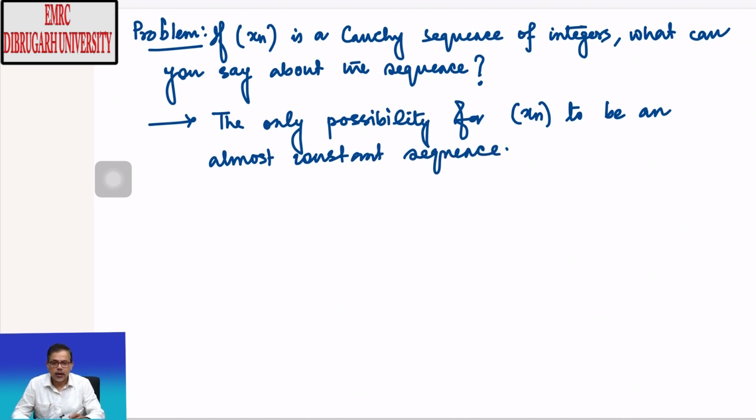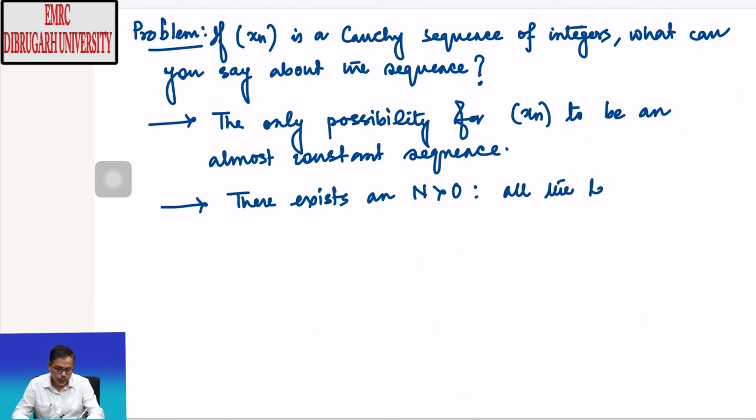That means there exists n greater than 0 such that all the terms beyond this n are equal or constant.